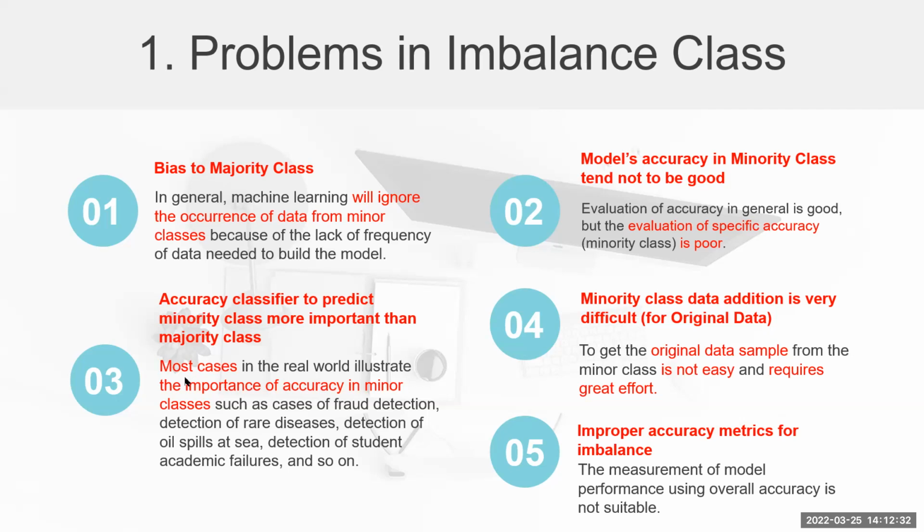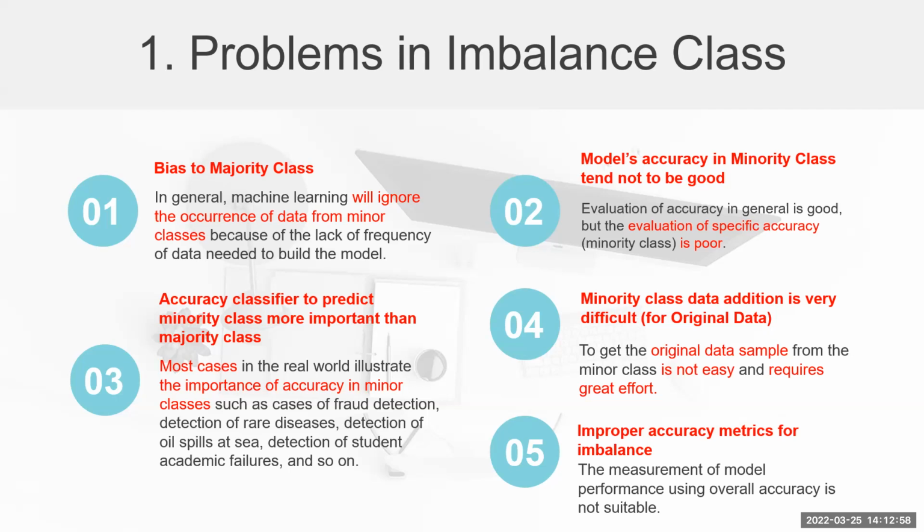Okay, the third, the accuracy of the classifier to predict the minority class is more important. Due to the amount of data not being enough, the machine learning ignores them. But we want the machine learning to get the best accuracy in the minority class.